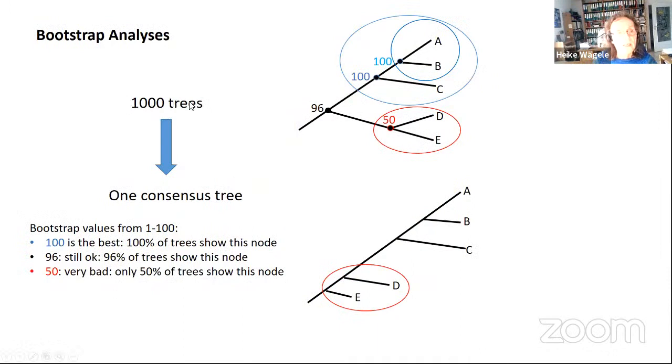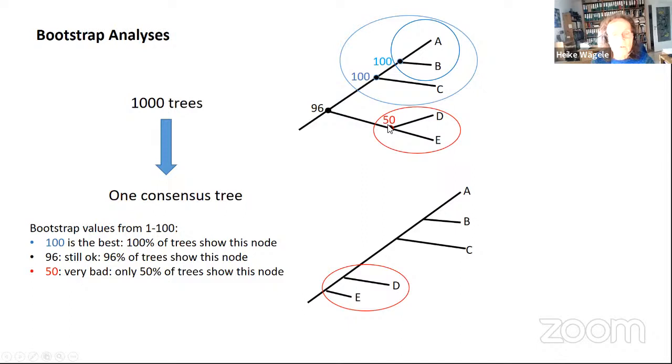So it looks in these 1000 trees at which nodes occur how often. And then it puts this number on it and says, okay, in 96% of these 1000 trees, it found this node. But then maybe you have a number like 50, and this 50 says that in these 1000 trees, only in 500 it found this node.